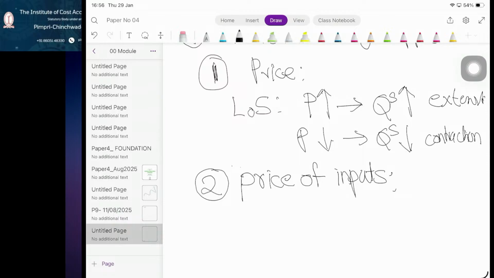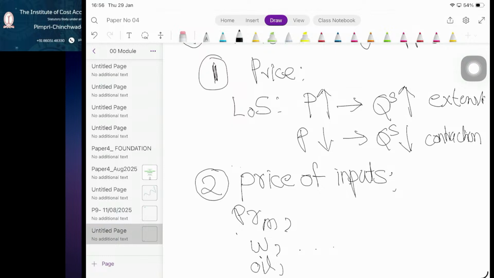Raw material, right. What else is used? Yes, I will just say wage rate. So price of raw material, price of wage, and other inputs, oil, energy that gets used in production of goods and services.